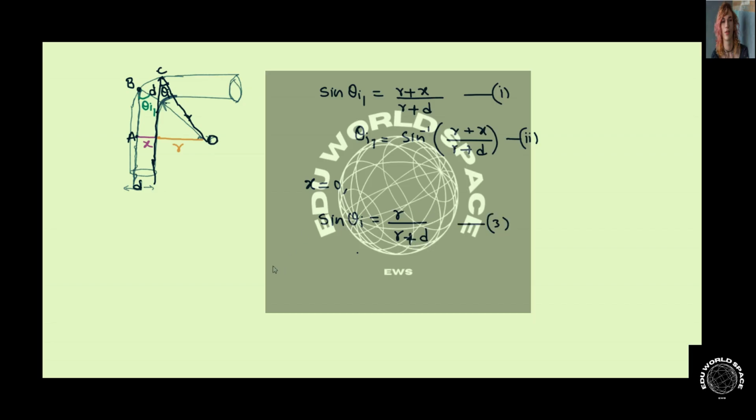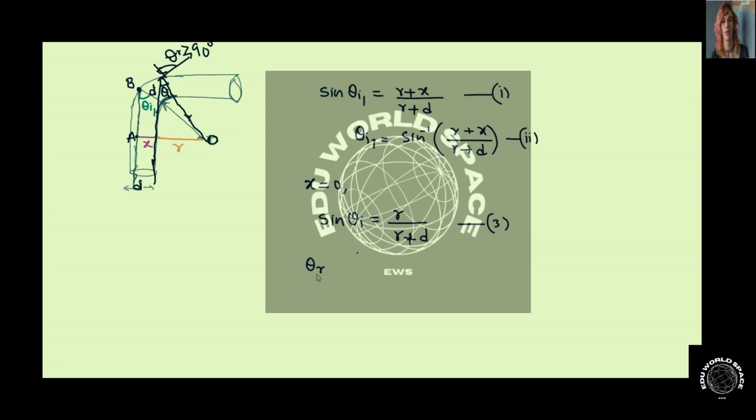Now applying Snell's law at point C, for total internal reflection, as we know, the angle of refraction theta r must be greater than or equal to 90 degrees.